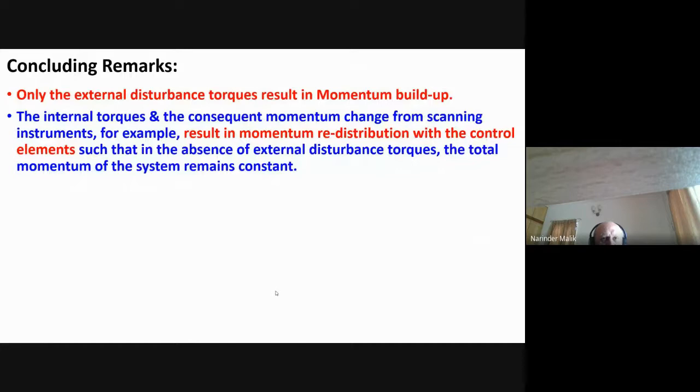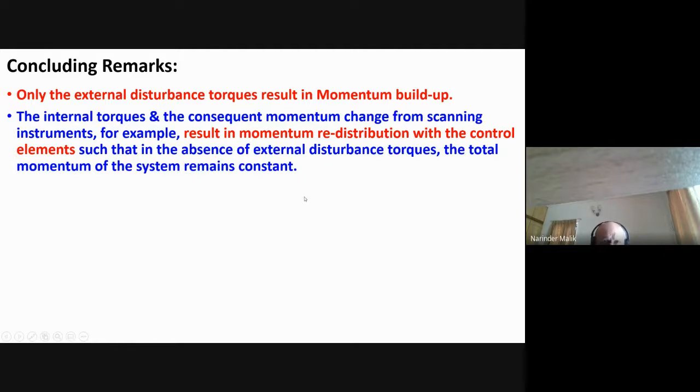Like I was repeating, only the external disturbance torque results in momentum buildup. Internal torques and consequent momentum exchange from the scanning instrument, for example, result in momentum redistribution with the control elements, such that in the absence of external disturbance torque, the total angular momentum of the system remains constant.